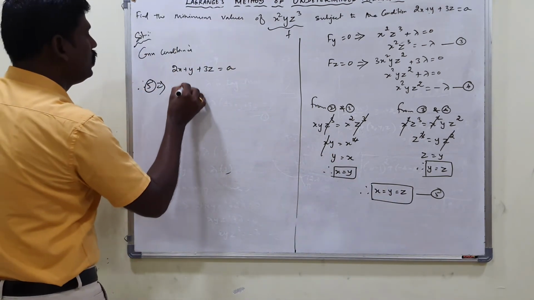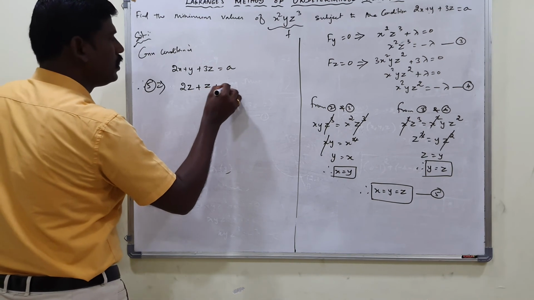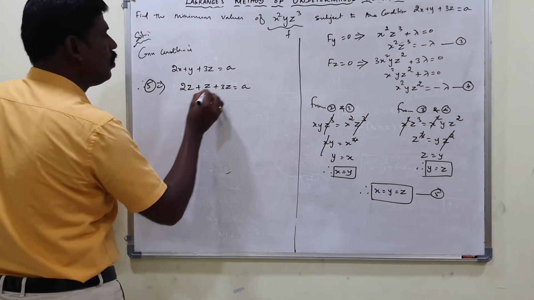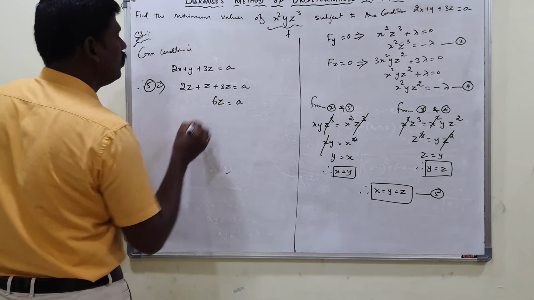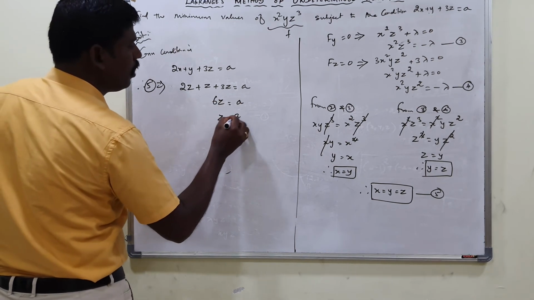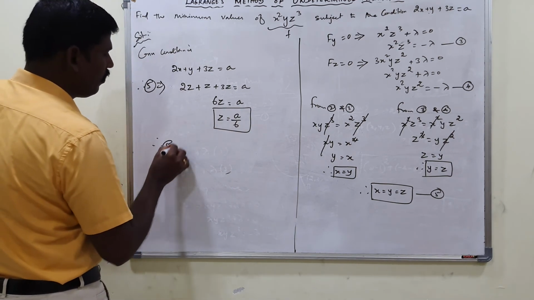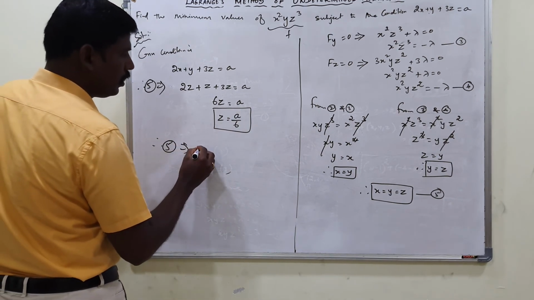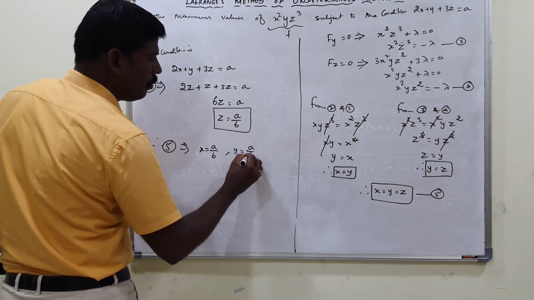So 2 into z plus y is z plus 3z equal to a. So 6z equal to a. Isn't it? So z is equal to a by 6. Therefore, 5 implies x equal to a by 6 and y is also a by 6.